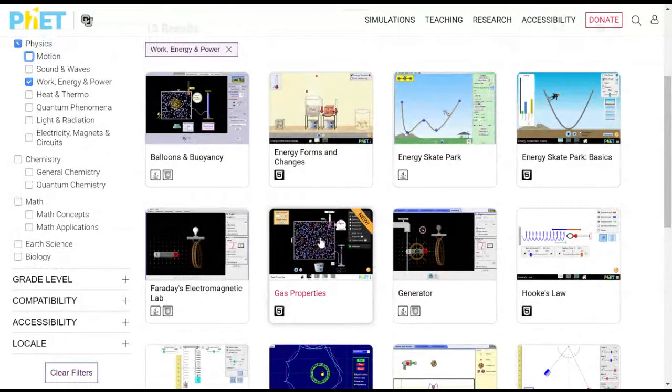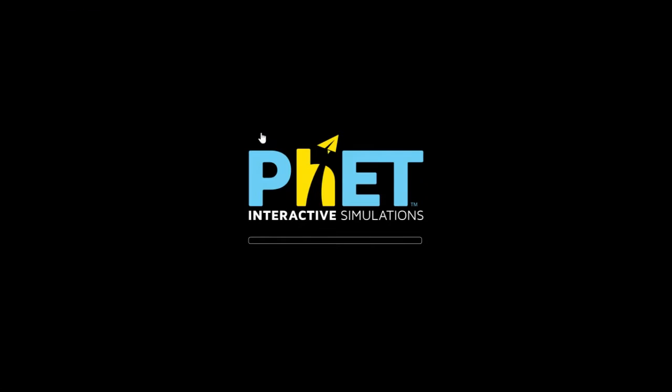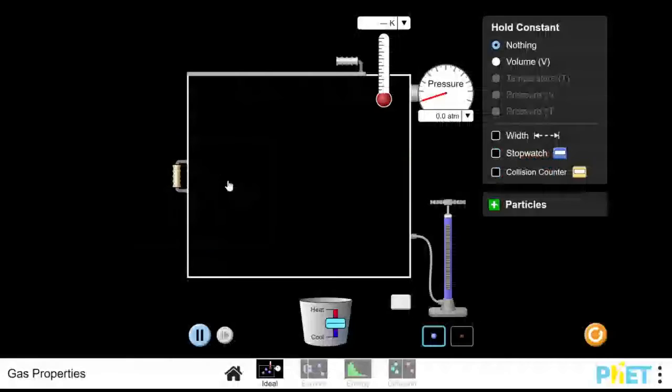All right, so I'm going to gas properties here. Play this. Okay, so I'm first going to deal with ideal gas. Matter of fact, I'm just going to simply deal with ideal gas.